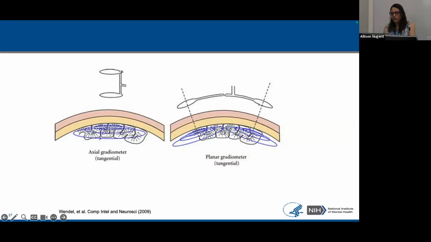So there's a dipolar field, right? You have a dipolar field from a single current source. When you look at the planar gradiometer, you're subtracting basically one part of the dipole, the positive dipolar field, from the negative dipolar field.